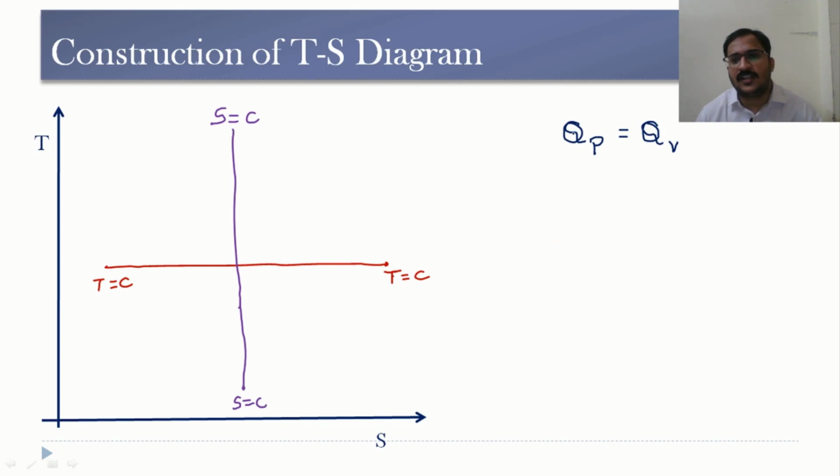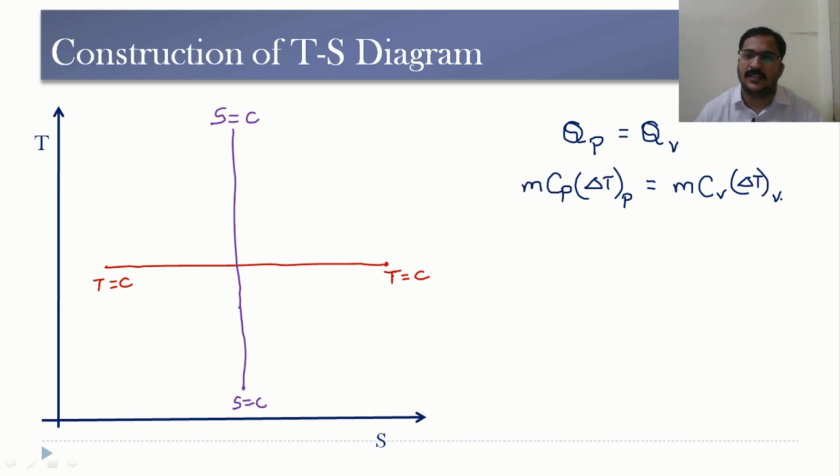During the constant pressure process, the formula for heat transferred is m Cp delta T. This is equal to, during constant volume, m Cv delta T.